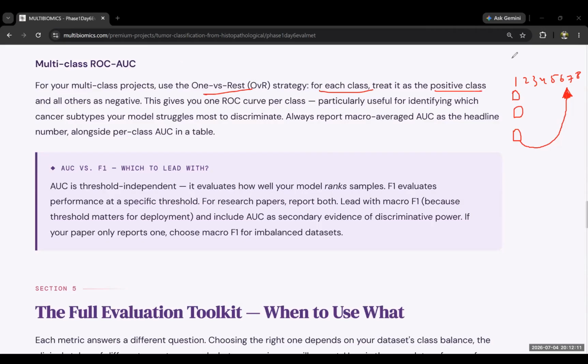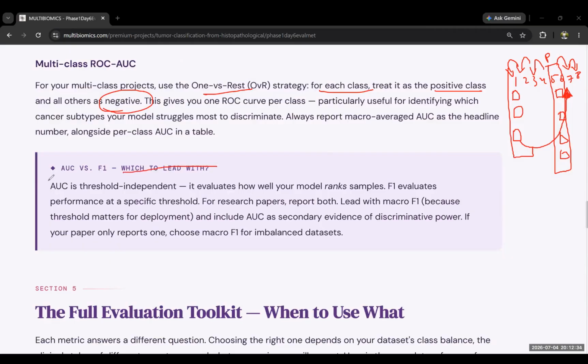Suppose now you want to evaluate class number 5. If that image falls in class number 5, only then it is positive. If it is classified as any other class, it should be considered negative.